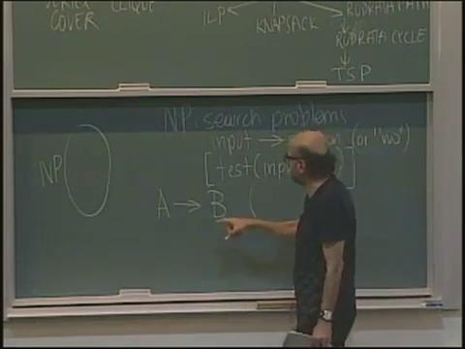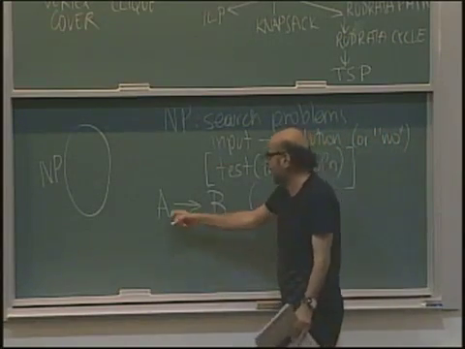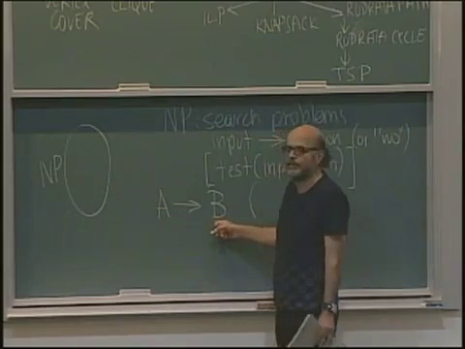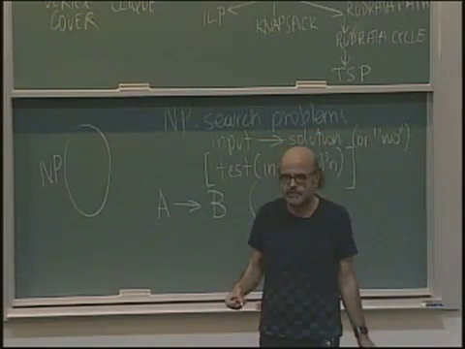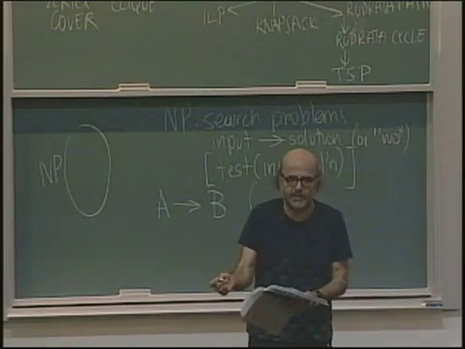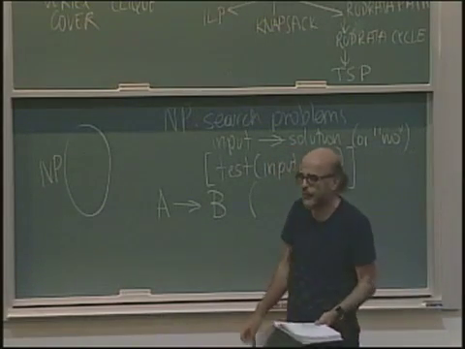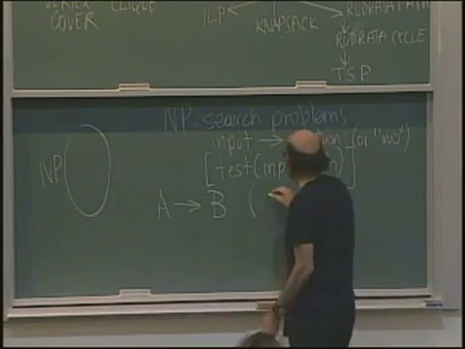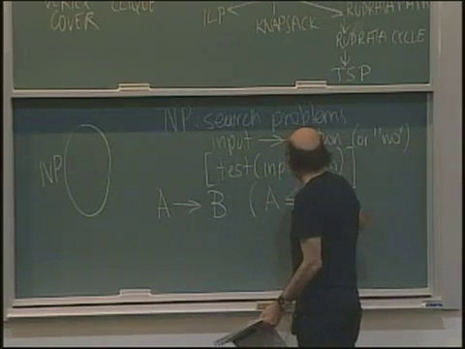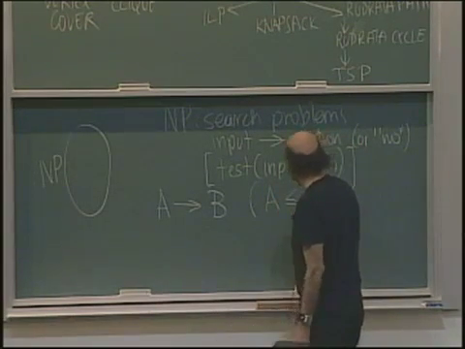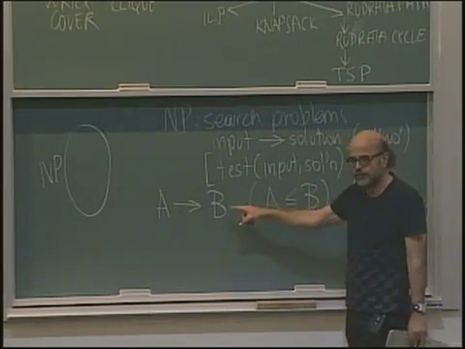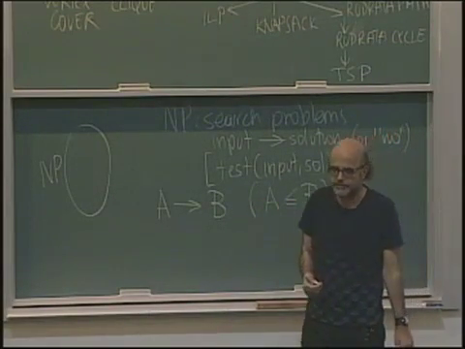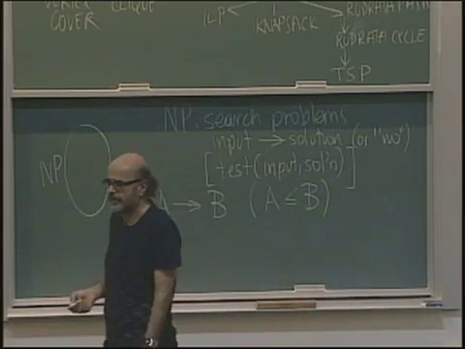Basically, it means to find a way to solve A using any algorithm for B. It is a demonstration that if you give me any algorithm for B, I will be able to solve problem A. And we said that this is the same as saying that A is no harder than B. Since you can reduce A to B, this means that A is no harder than B. All right? Always remember that.